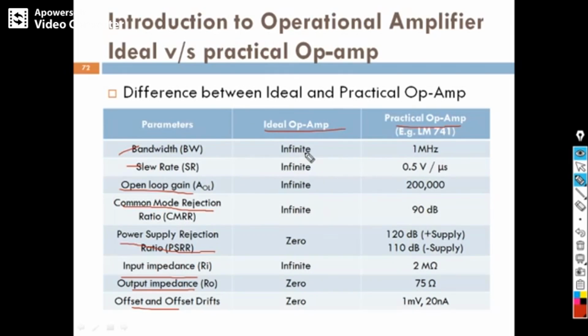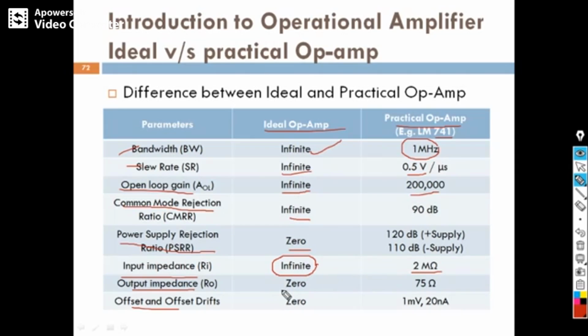Bandwidth, in the case of the ideal operational amplifier, is infinite, but practically, for the operational amplifier here, we are taking the 741, it works for only 1 megahertz bandwidth. Slew rate is infinite, practically it is 0.5 volt per microsecond. Open loop gain is infinite, and likewise for common mode rejection ratio and power supply rejection ratio. Input impedance for the ideal operational amplifier is infinite, but practically it is 2 mega ohm.